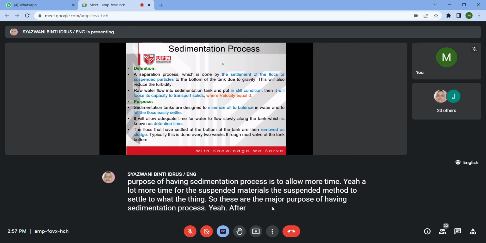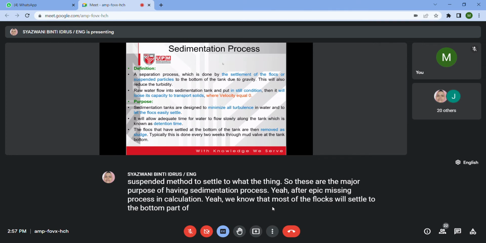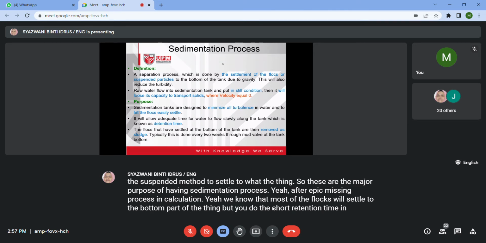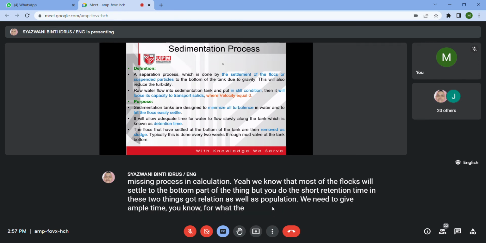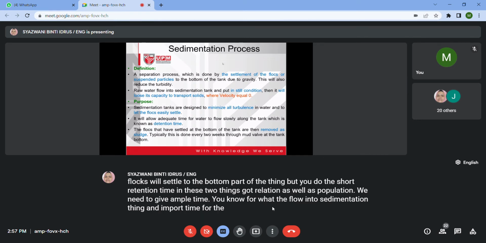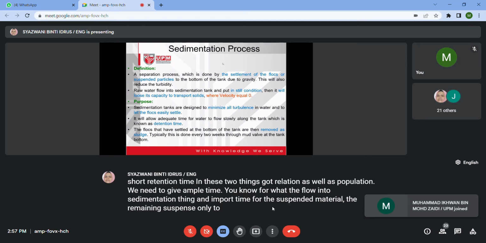After rapid mixing and flocculation, we know that most of the flocs will settle to the bottom part of the tank. But due to the short retention time in these two tanks, coagulation as well as flocculation, we need to give ample time for water to flow into the sedimentation tank and ample time for the remaining suspended solids to settle to the bottom part of the tank.